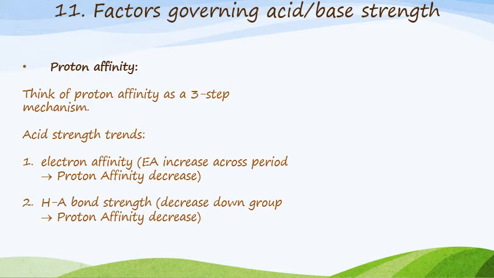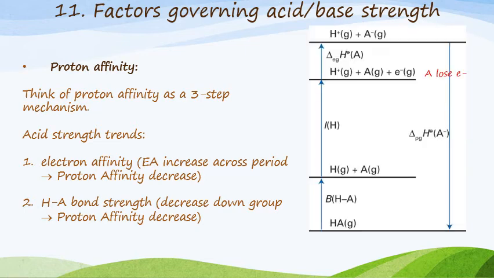Okay, for acid strength, we know that electron affinity is going to increase going across a period, and subsequently that means that the proton affinity is going to decrease going across a period. Okay, and similarly, the acid bond strength will decrease going down a group, and subsequently proton affinity will also decrease going down a group.